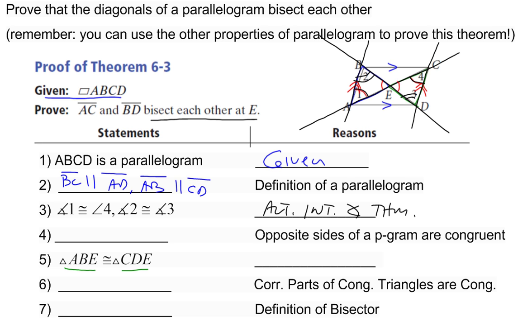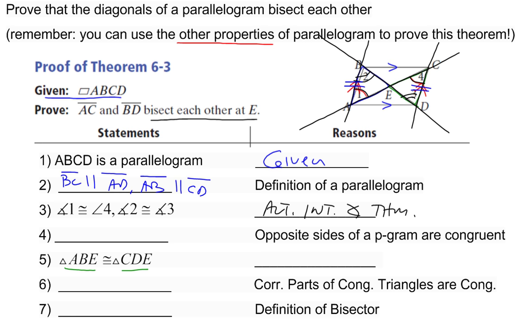But what can I use? I can use another theorem that I know. I can use other properties, which we know are also theorems. Namely what? Namely that opposite sides of a parallelogram are congruent. In other words, I know that side BA and CD are congruent to each other.